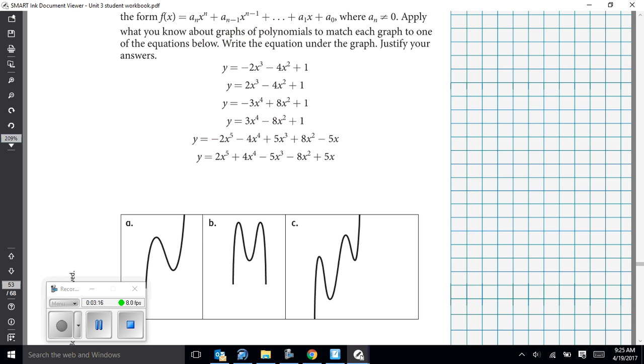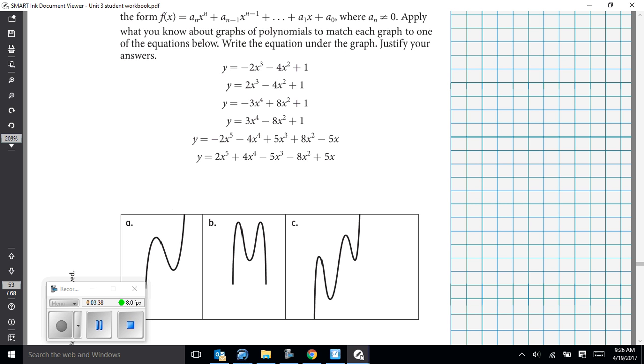And if you think of an even degree function, the most famous one would be the quadratic, y equals x squared. What does that function look like? They're both going up, correct? So use that to narrow down your options. If it's an odd degree function, what's the end behavior?